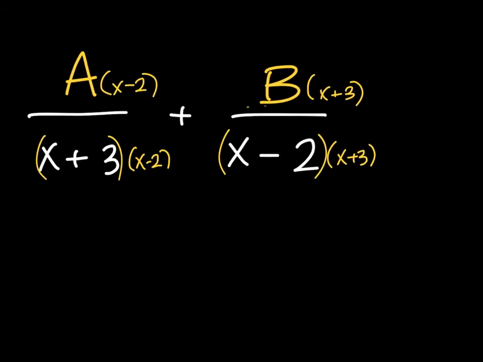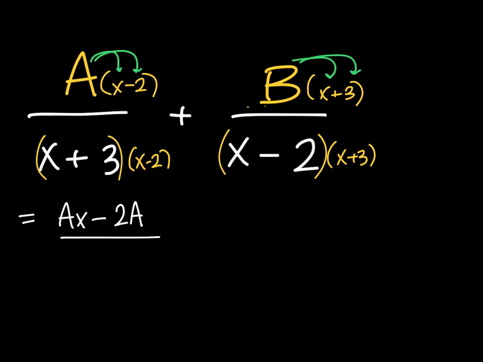We now need to distribute capital A to both of those and distribute capital B to both of those. So we've got capital A distributed to x minus 2, and I don't need to FOIL because that's not what we're focusing on today, over the denominator that has both x plus 3 and x minus 2.